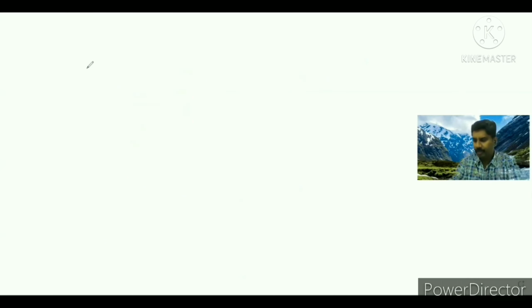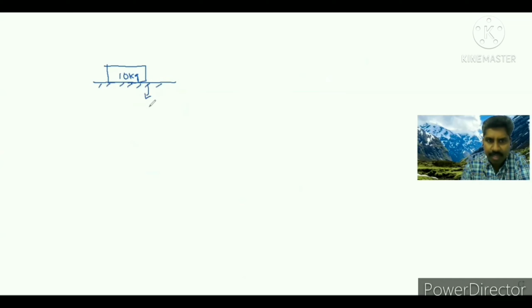See here, the 10 kg block on a smooth surface. Generally it indicates rough, but here I am taking it as smooth.